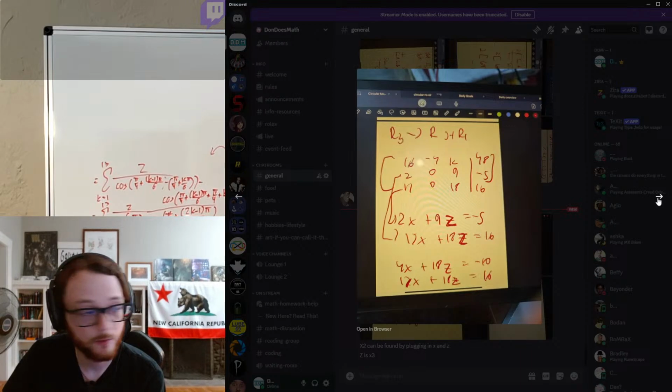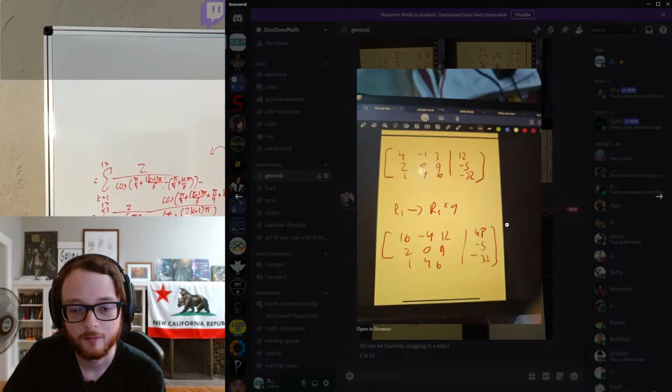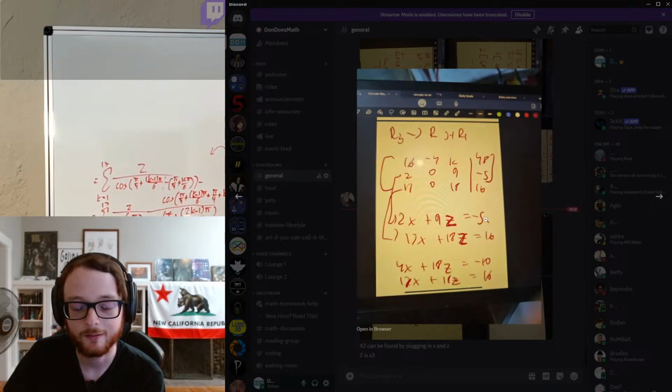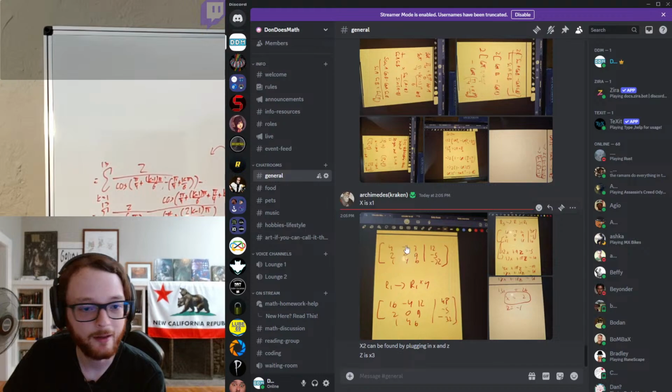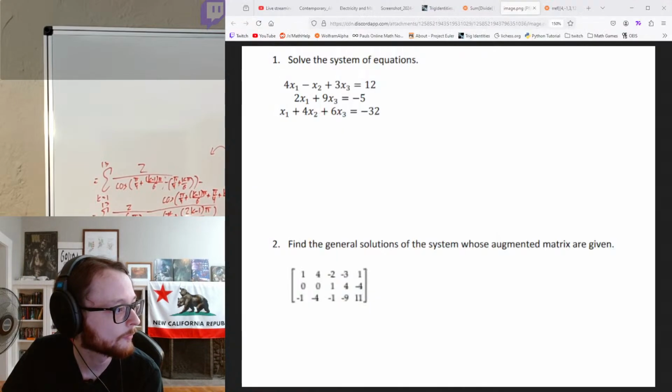Which does get the right answer, but I just don't think... it's tedious, but I don't view it as that much better than just doing the 3x3, or I guess 3x4, row operations.